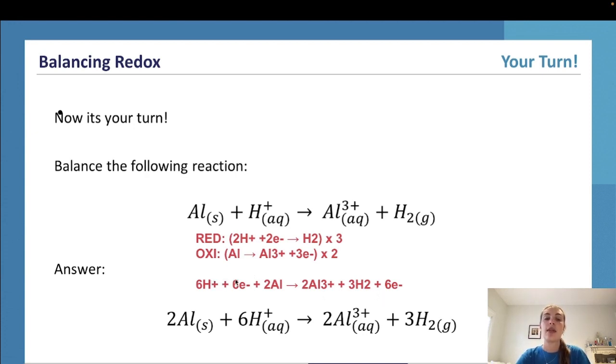So we can take out the 6 electrons on both sides, because that's just a net change of 6 electrons from both sides. So we don't need to show it. So that gives us 2 aluminium plus 6 hydrogen ions makes 2 aluminium 3+ plus 3 H2.